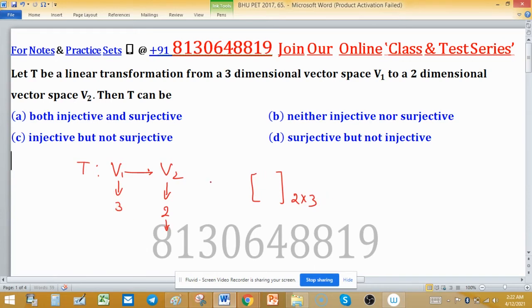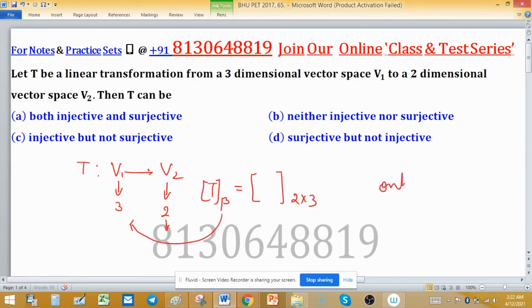Suppose I find this matrix representation with respect to the standard ordered basis. We cannot speak of a standard ordered basis whenever V1 is not specified; it is in general three-dimensional. So consider this is a basis and this is a matrix representation.